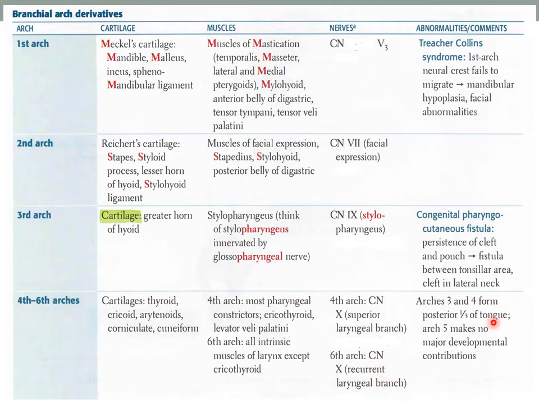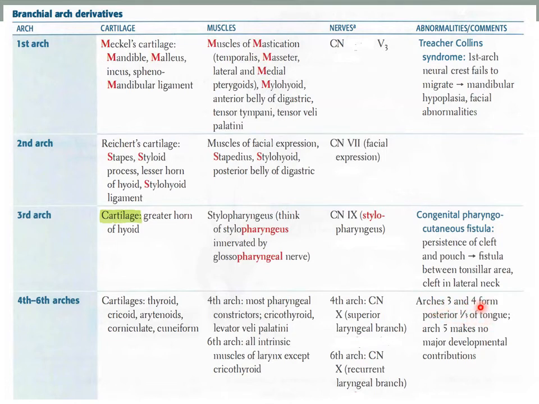What are the abnormalities related to the fourth and sixth arches? Arches 3 and 4 form the posterior 1/3 of the tongue. This is a general comment on the fourth and sixth arches.